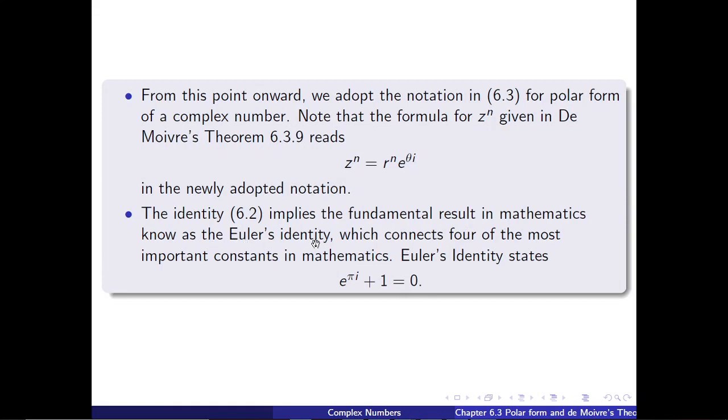And then the identity 6.2 implies the fundamental result in mathematics known as Euler's identity, which connects four of the most important constants in mathematics. The four constants are e, pi, 1, and 0. Those are the most important constants in mathematics. And it reads e to the pi i plus 1 is equal to 0.